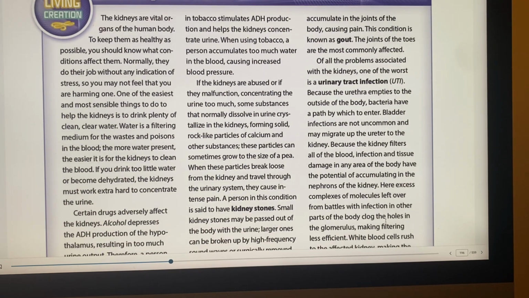They may migrate up the ureter to the kidney, because the kidney filters all the blood. So get antibiotics right away. Urinary tract infections don't just clear up. Believe me, they can develop into worse problems.